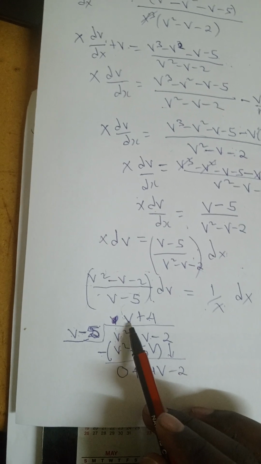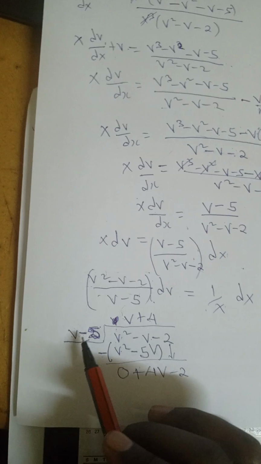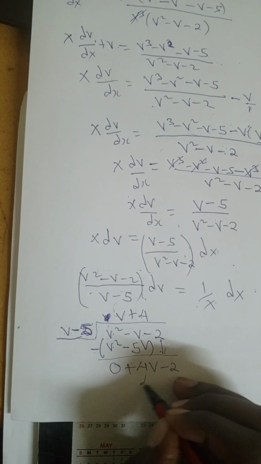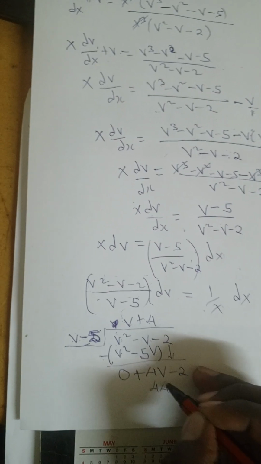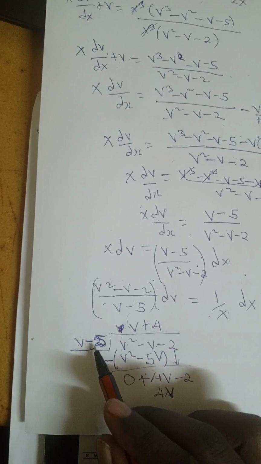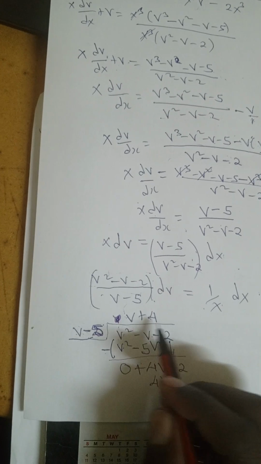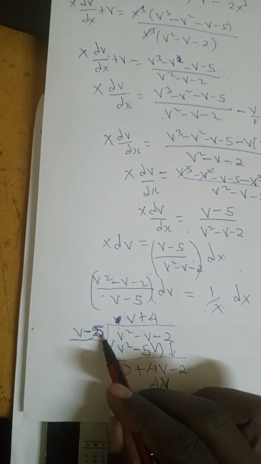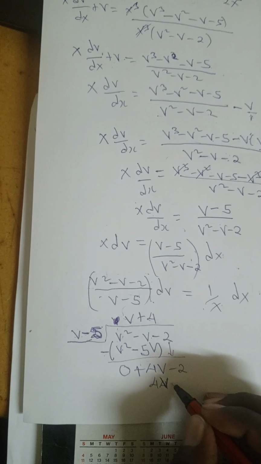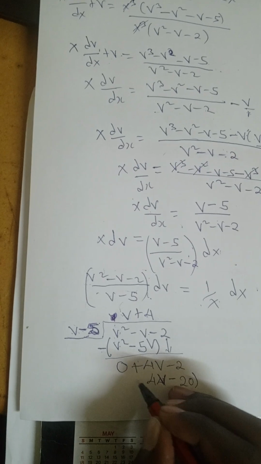Now we are not multiplying using v, we are multiplying using the answer we found. 4 multiplied by v, we are going to get 4v. Then 4 multiplied by negative 5 will be negative 20.